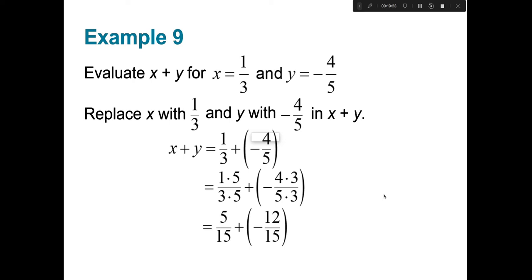So that gives me 5/15 plus a negative 12/15. We have to subtract. When I subtract 5 and 12, what do I get? A negative 7. So our answer is negative 7/15.